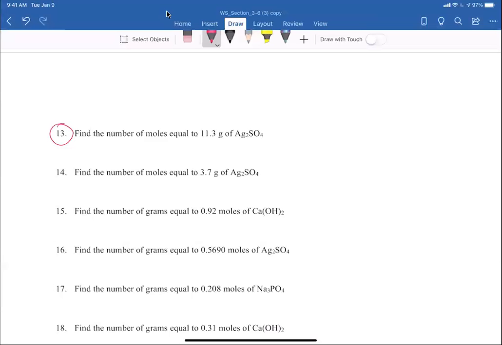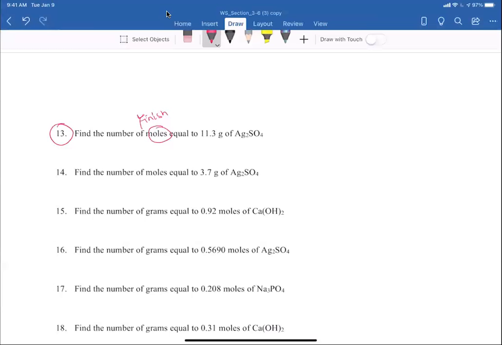Moles, yep. Where are we starting? Anybody know where we're starting? Molar mass. Molar mass, yep.